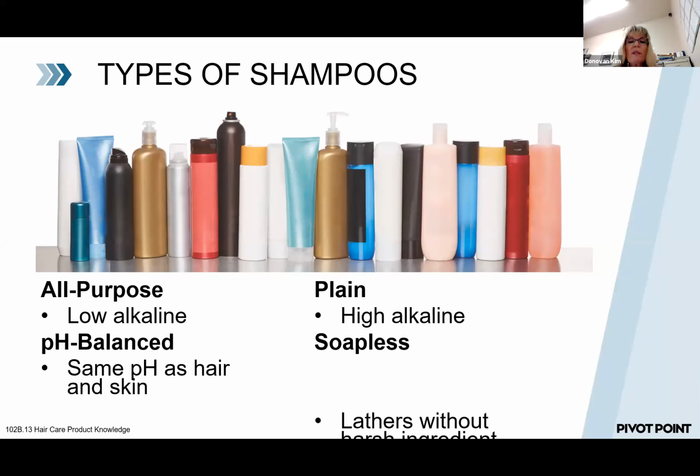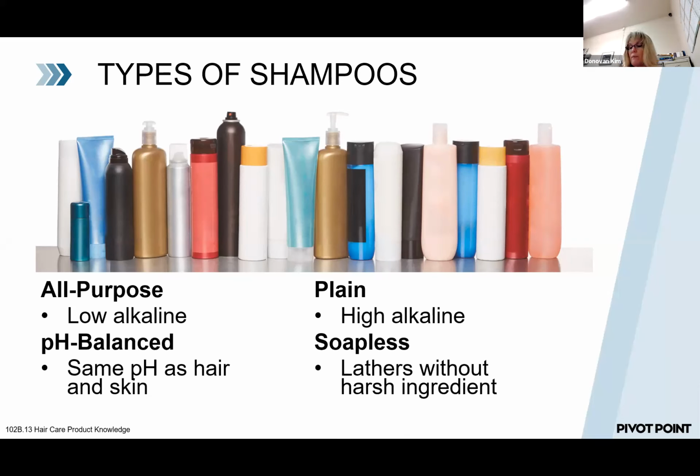Okay, so when we talk about the types of shampoos, there are all-purpose shampoos. You're not really going to walk into some place and see a shampoo that says all-purpose shampoo, or plain shampoo; those are words you're not going to see very often.